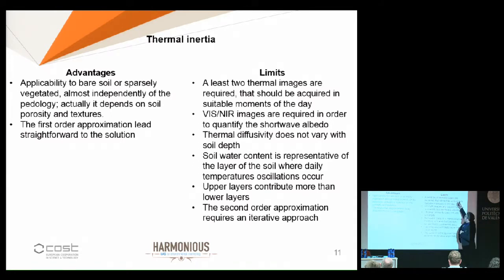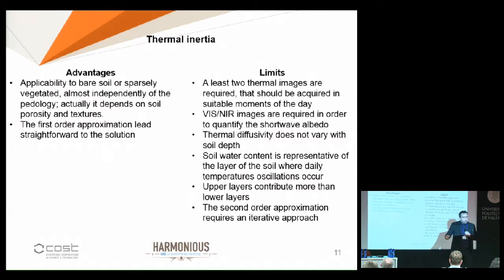And we need at least 2 thermal images acquired in suitable moments of the day. And the hypothesis is that the thermal diffusivity does not vary with the soil depth, and the soil water content that we are going to obtain is representative of that part of the soil where we have soil temperature oscillation during the day.